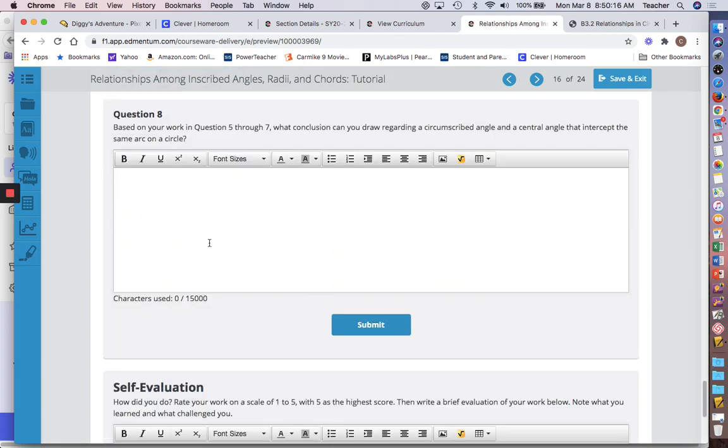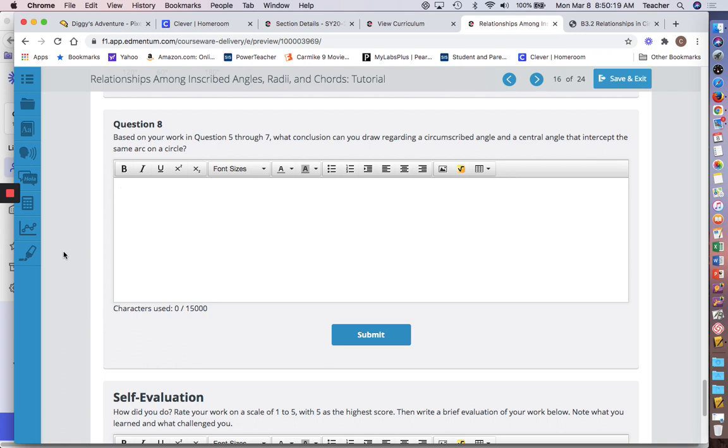All right, question 8. Based on your work for question 5 through 7, what conclusion can you draw regarding the circumscribed angle and the central angle that intercepts the same arc? They are supplementary angles. That means they have to be 180.